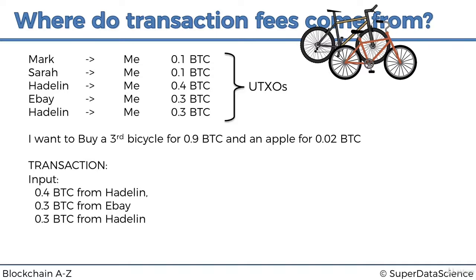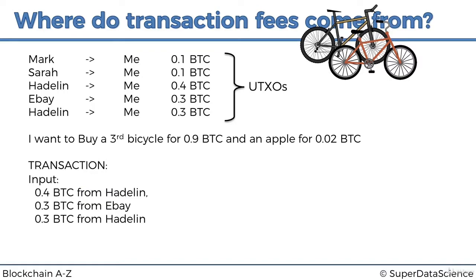Interesting to note that Adlan sent me money twice, but that doesn't get aggregated into one UTXO. Those are separate transactions, and they need to feed into another transaction, and in this case, we're letting them feed into this transaction. In total, that gives us 0.4 plus 0.3 plus 0.3, which is 1 Bitcoin, and that's more than we need, which is good.